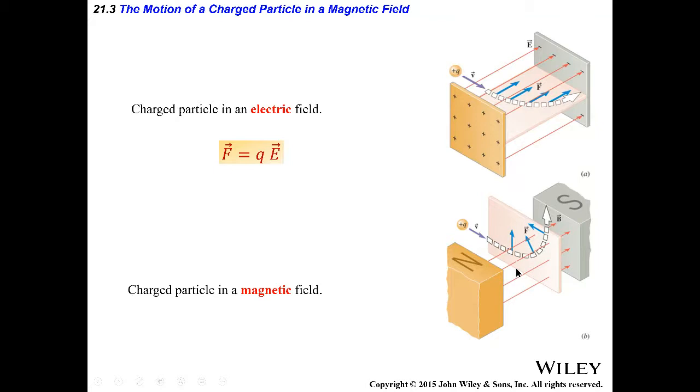Here, it is going upward. It is being swung upward, so it is not in the same original plane. It is now being swung out of it, and if you follow it, it actually becomes a helical path. It's circling around this magnetic field.